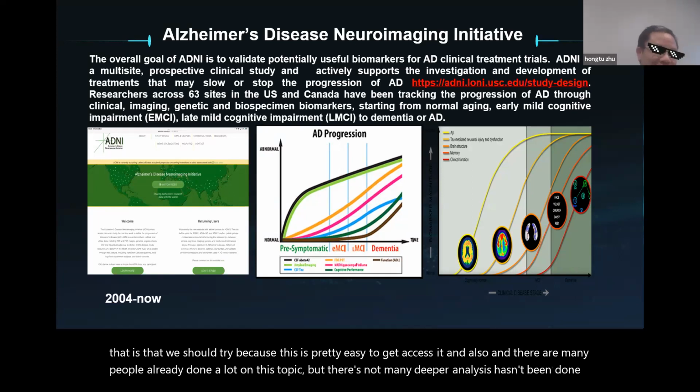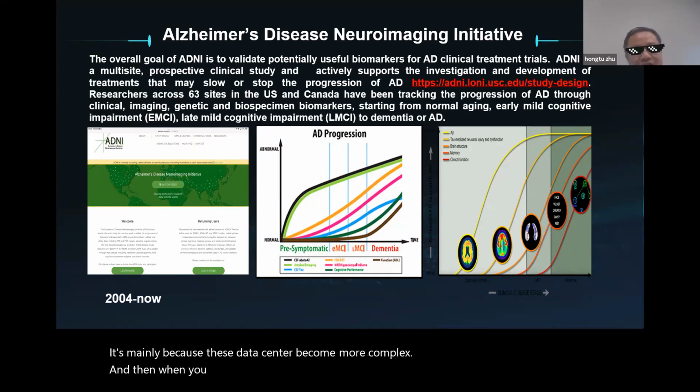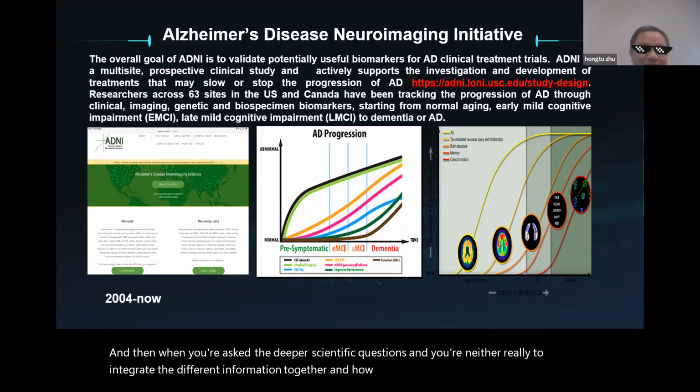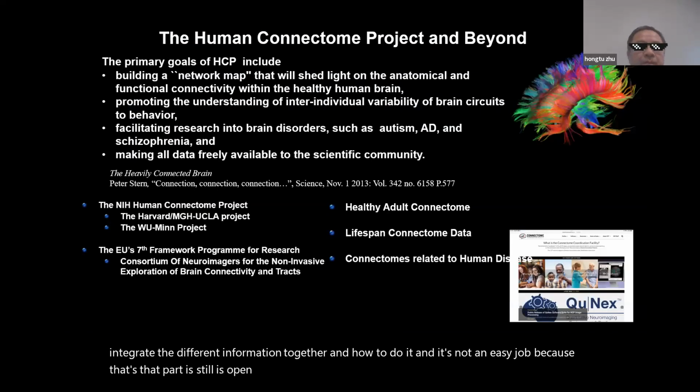It's mainly because these data sets are more complex. When you ask deep scientific questions, you really need to integrate different information together, and how to do it is not an easy job, because that part is still an open question.